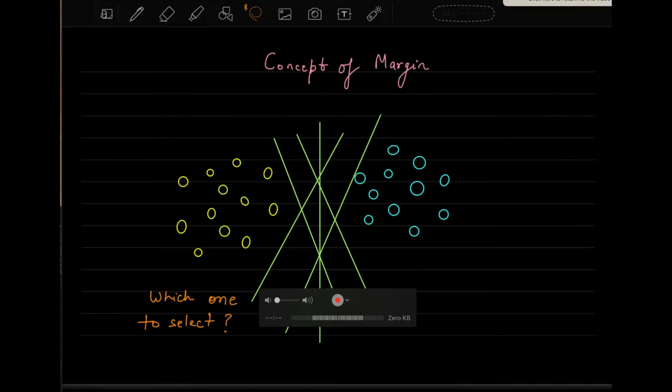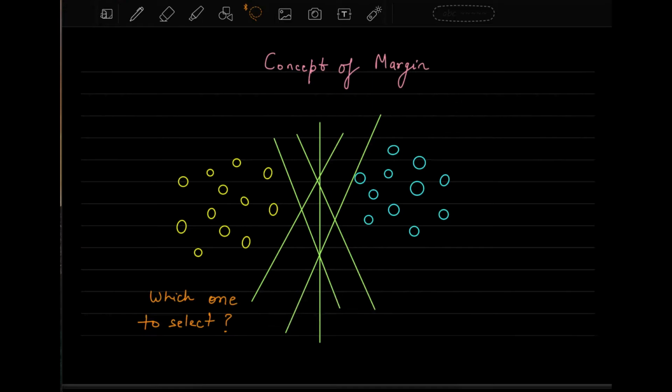Okay. So in the last class, we discussed the classification thing, and what we were doing is we were discussing the perceptron algorithm.